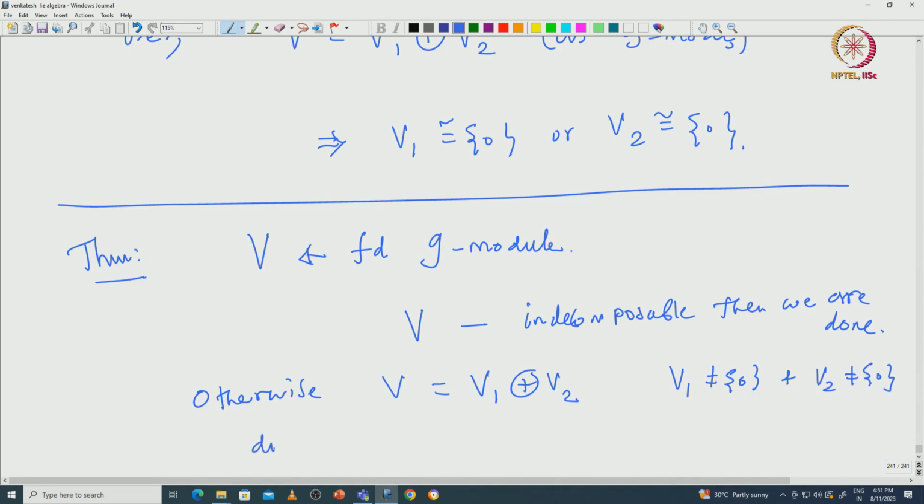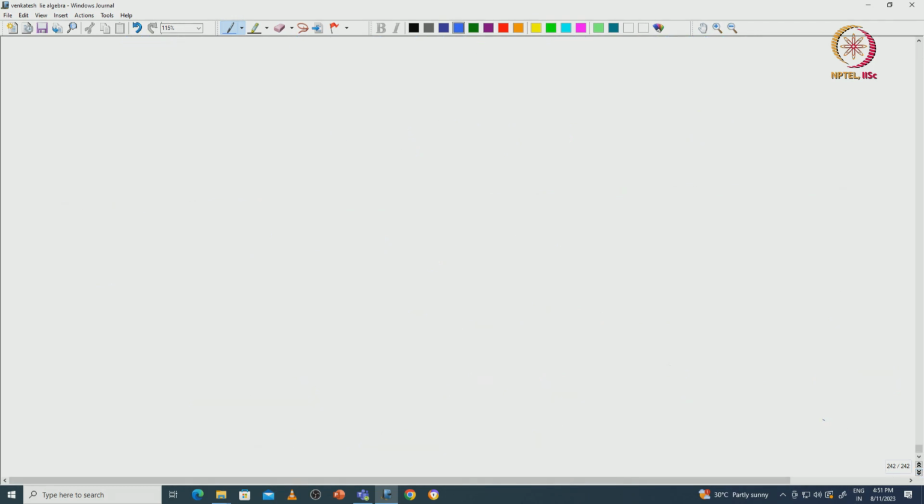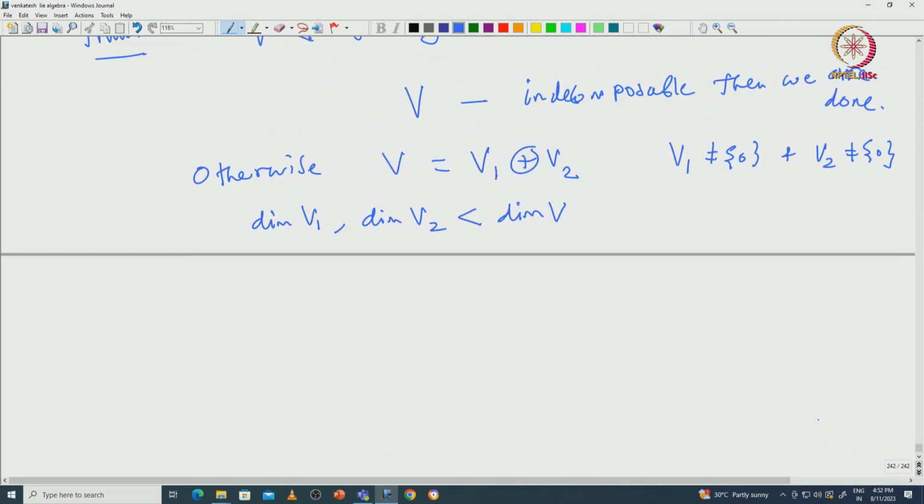That means the dimension of V 1 and the dimension of V 2 are both smaller than the dimension of V. So, using induction we can write V 1 as a direct sum of indecomposable modules, and V 2 as a direct sum of indecomposable modules. So, V can be written as a direct sum of indecomposable modules.